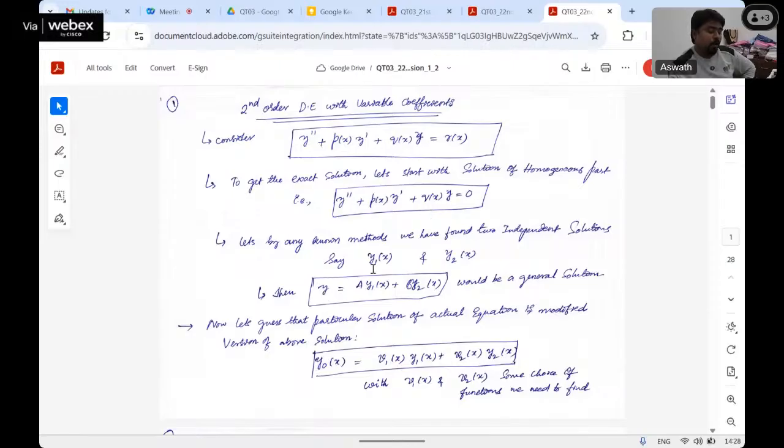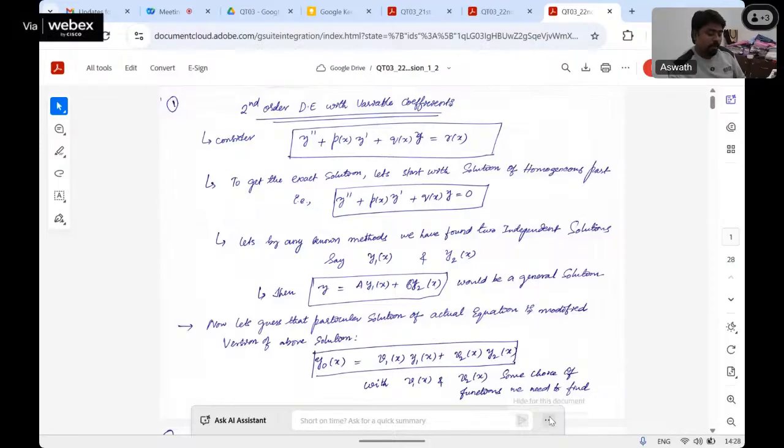Then I will make an assumption or a guess that the solution of the entire differential equation would be something of this kind, where a and b are both functions of x. So let me call them v1 and v2, functions of x.